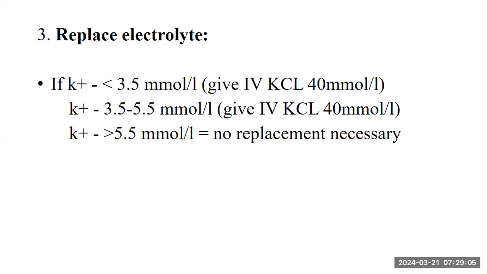Either you give it over 3 hours, or 4 hourly or 6 hourly, depending on the level of dehydration. So I just wanted to confirm, if it's less than 3.5, you give 40 millimoles. How is it a new guideline? And then how is it given? Is it given over how many hours? Thank you.